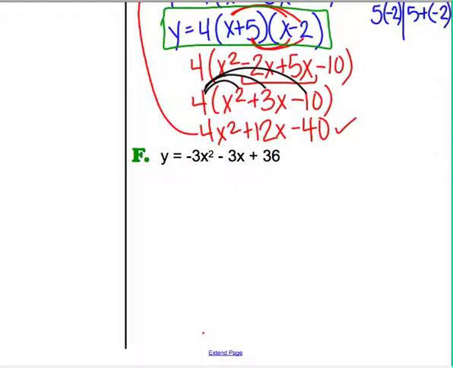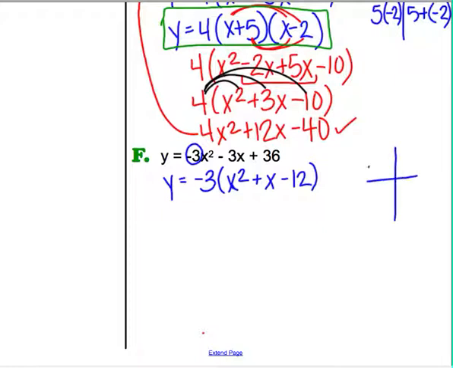I have y equals negative 3x squared minus 3x plus 36. I see this negative 3 in here, so I'm going to factor that out. So I factor the negative 3 out, leaving me with x squared. Negative 3x divided by negative 3 is positive x. And 36 divided by negative 3 is negative 12. So I make my t-chart.